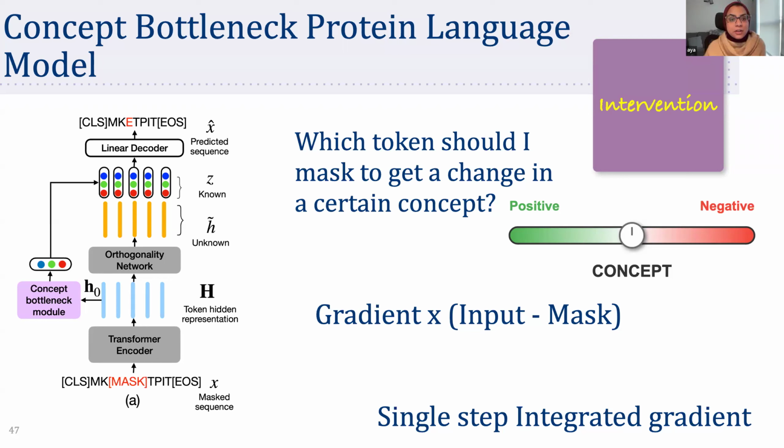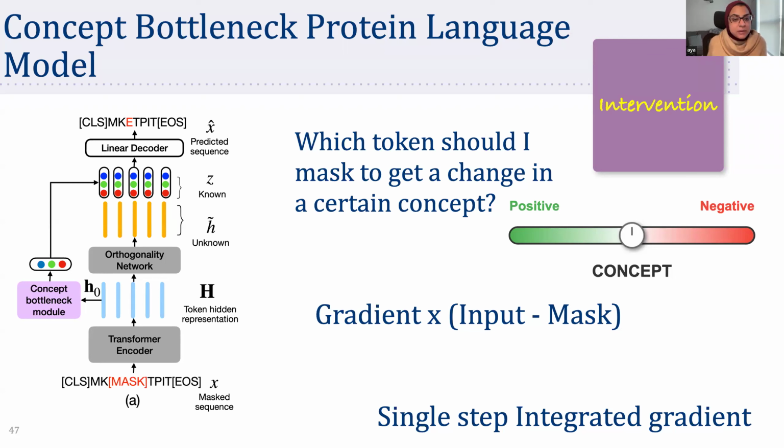Usually, how people know the contribution of the input with respect to the output, they take the gradient of the input, which here is the token, with respect to the output, which here is the concept. So this tells us the contribution of every single input to the output. And this is a great way that people measure the contribution of every token of the input to the output, by taking the gradient.